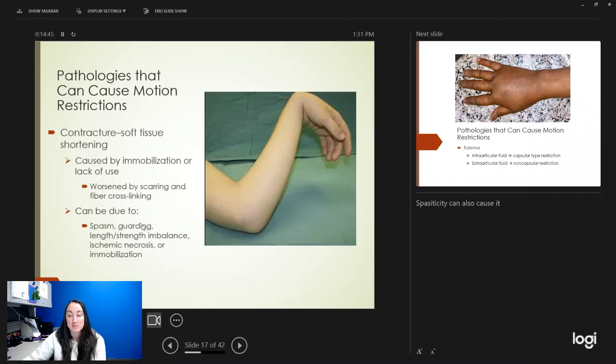Some of the causes of those things are spasms, muscle guarding, a muscle imbalance, like one side of the joint is weak and one side is tight, ischemic necrosis, which is cell death due to lack of oxygen, or immobilization, like wearing a cast for a long time. Spasticity could also cause some contractures if you're not stretching against it.